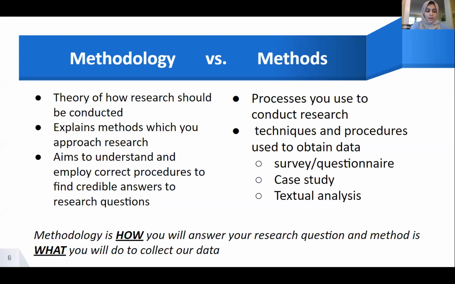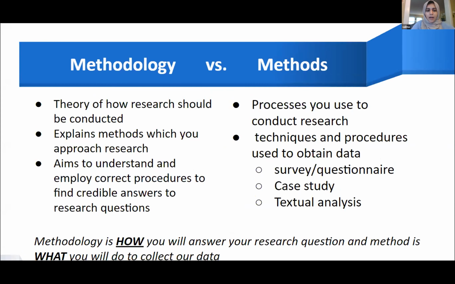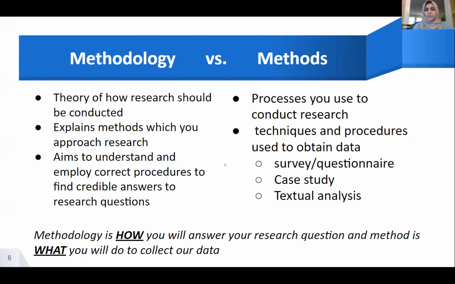So methodology should not be confused with your research methods, and methodology basically describes a theory of how research should be conducted and encompasses every aspect of the research project. So from identifying the problem that you're going to research all the way to your analysis, presentation, paper writing.